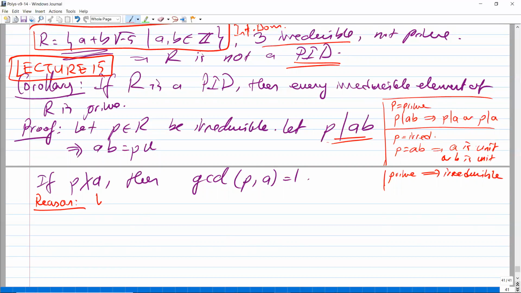Let D be the greatest common divisor of A and P, so that as we know, we may write D as A times X plus P times Y for some X, Y in R.